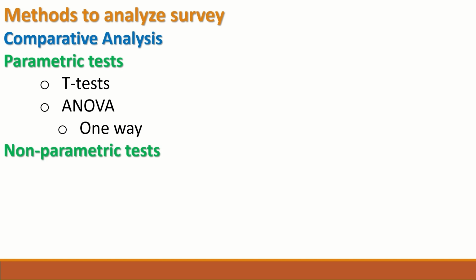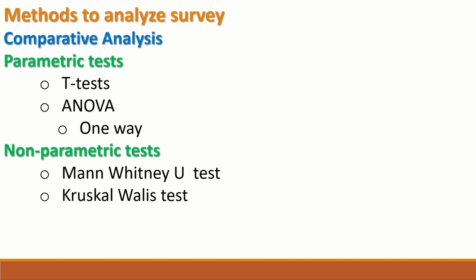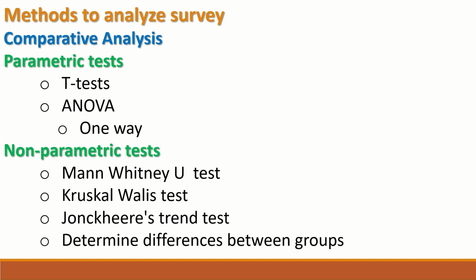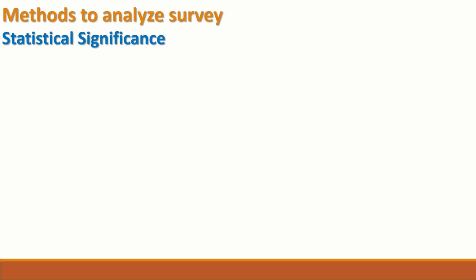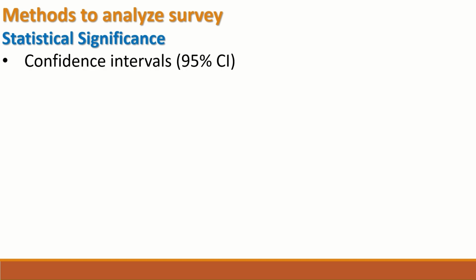When the data are not normally distributed, then non-parametric test can be performed, such as Mann Whitney U test for two groups, Kruskal Wallis test for three groups or more, Jonckheere-Terpstra trend test for ordinal data to find the trend, and to determine from those different types of tests, whether parametric or non-parametric, if there is a difference between groups.